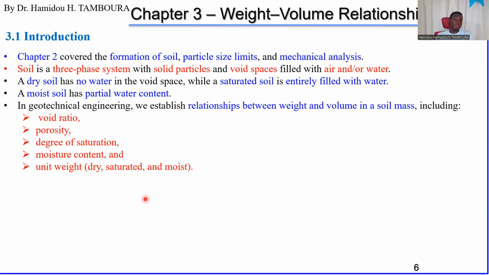In this chapter, mainly I will show you how to build the relationships. I'm not asking you to memorize all the relationships. Find the way to build the relationships by yourself. The most important thing is that.